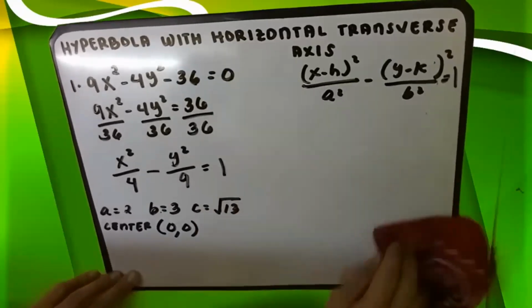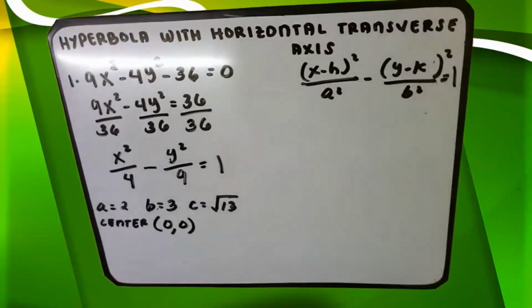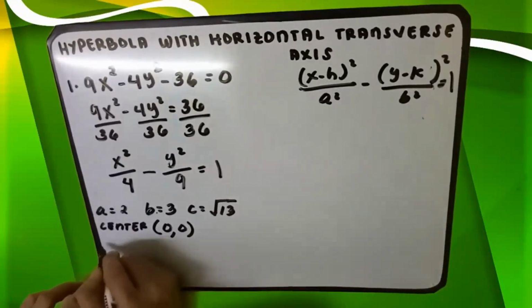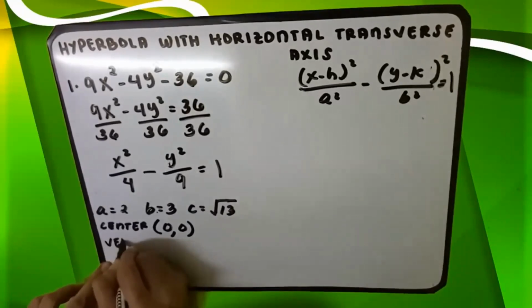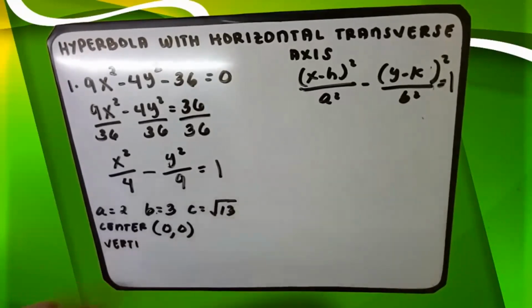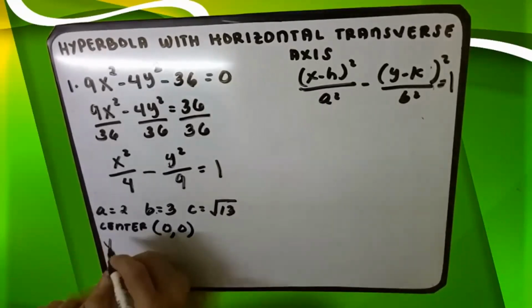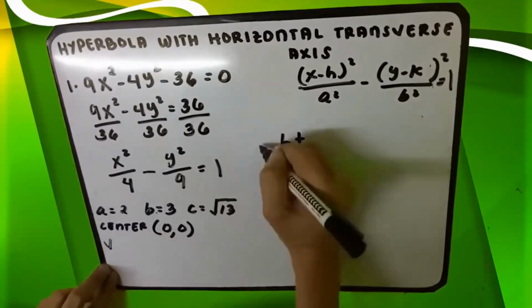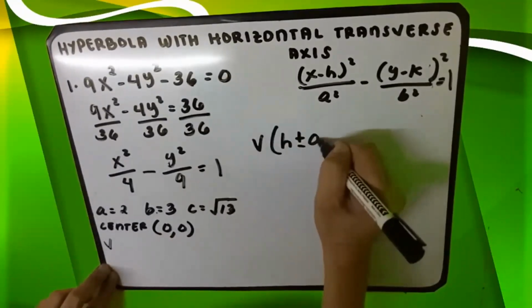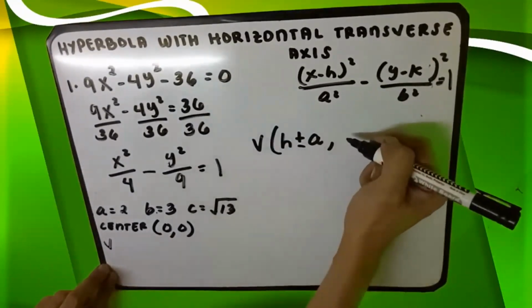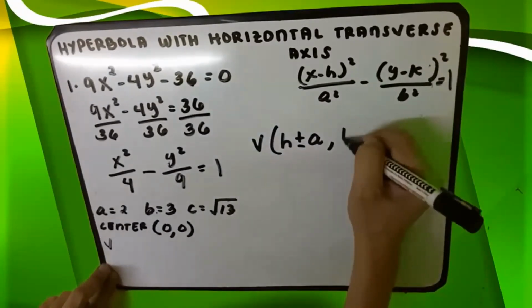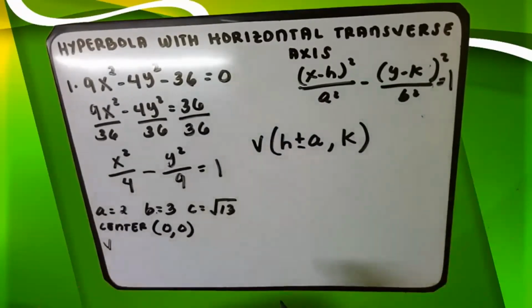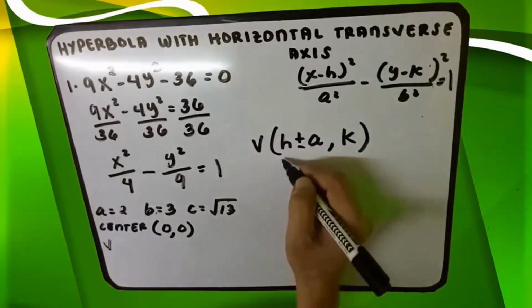Next, vertices. V na lang, wala naman siyang kaparehas na. For the vertices, that is H plus minus A and K. So ano ba yung H natin?